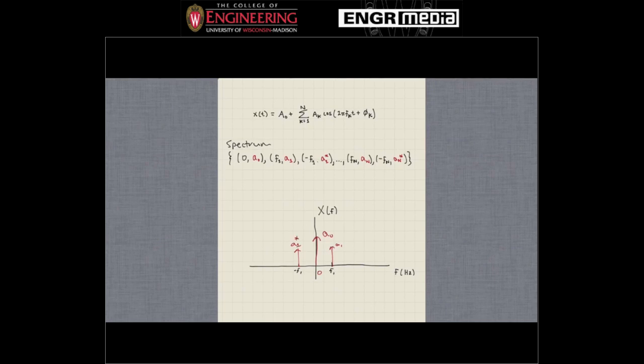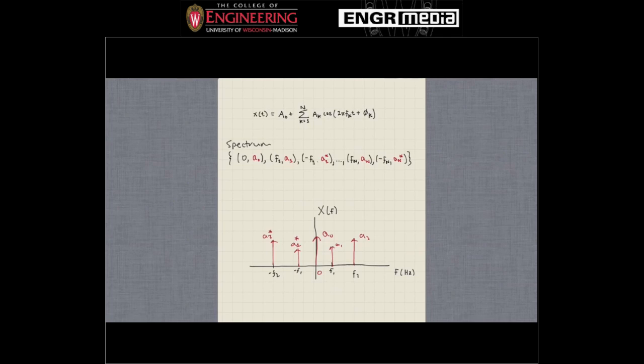And I'd keep going, and I'd say maybe F2 is here. Minus F2 is down here. Maybe the signal has some amplitude up there, say A2, and down here we have A2 conjugate.